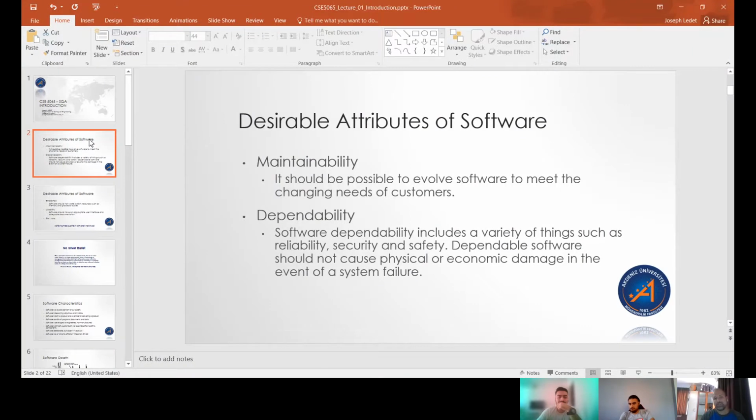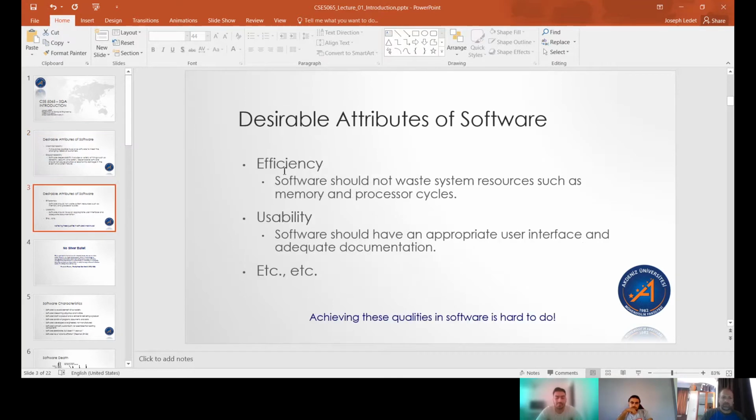And then the dependability: it's not just about does it work. It could also be, is it secure? Is it safe? If I have banking software that allows me to transfer money, but it's not secure and it's easy for somebody else to take my money, that's not a very good software system. And then efficiency and usability, there are lots of different attributes as well.